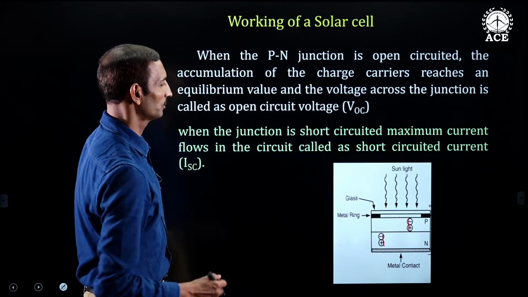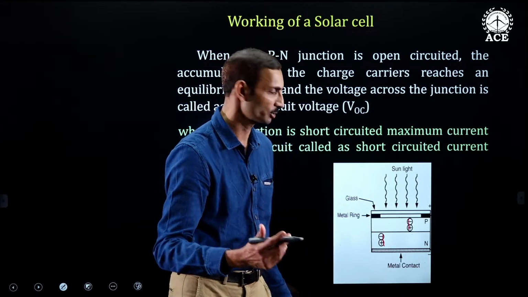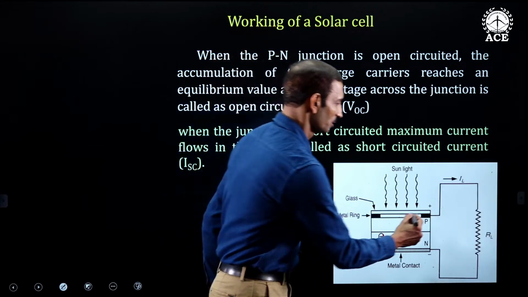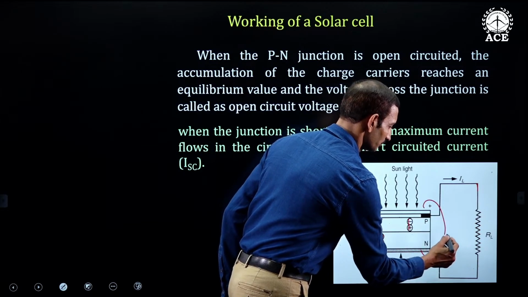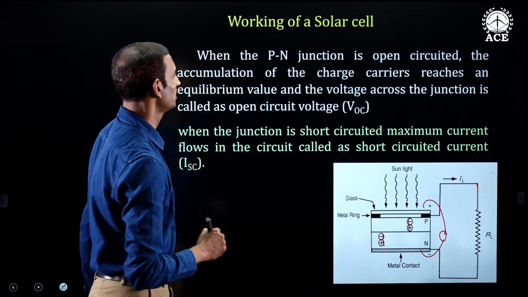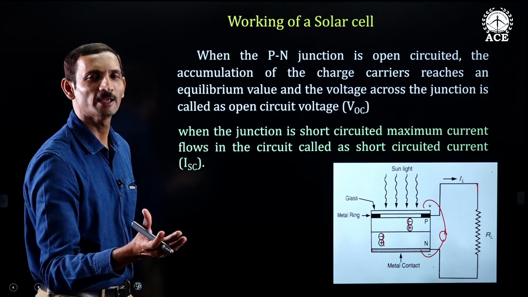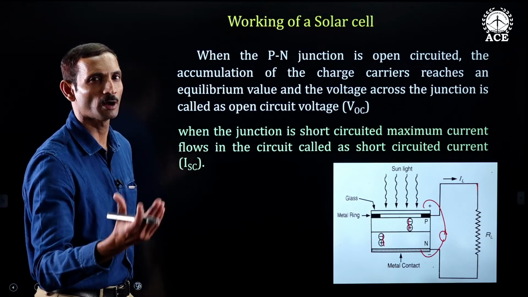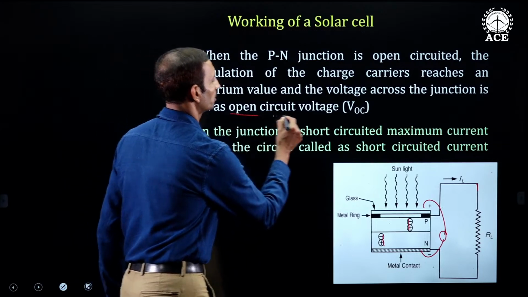Now, when this particular one is not connected to any external circuit, there will be a potential difference between the two ends. That potential difference is what we call open circuited voltage, just like an EMF of a battery or a cell.